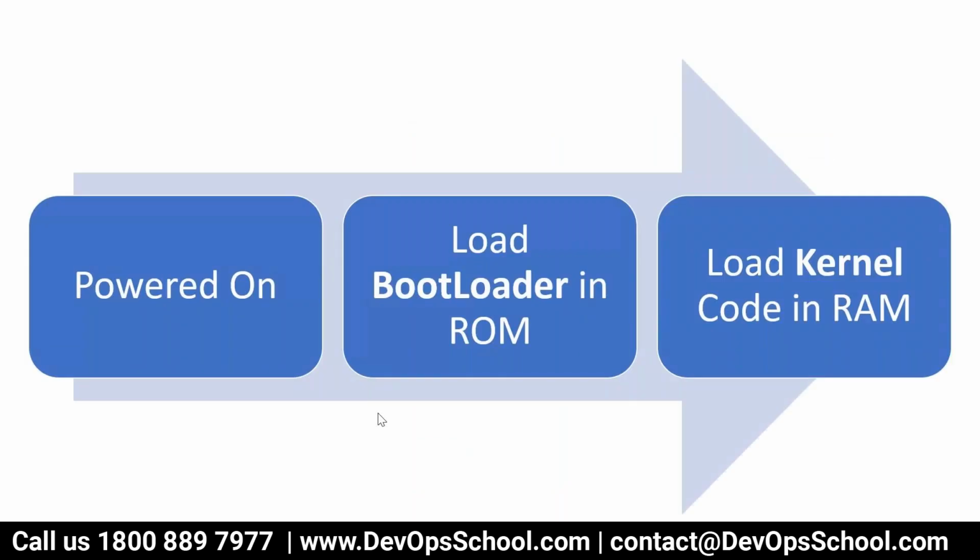When you power on, load the bootloader from ROM, and load the kernel into RAM. ROM means read only memory, and RAM means random access memory. So this is what happens.